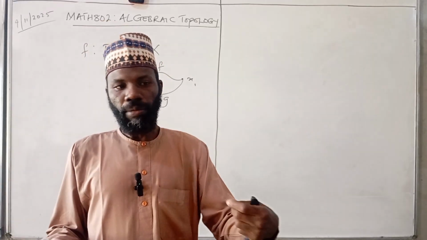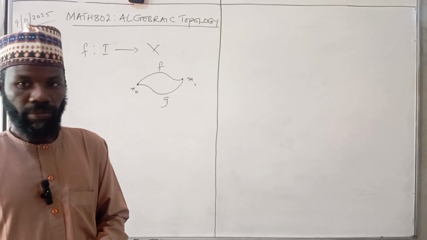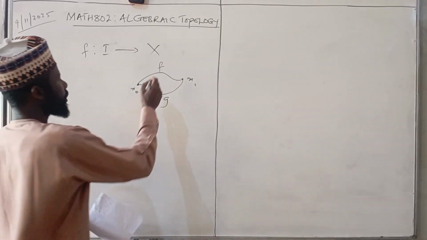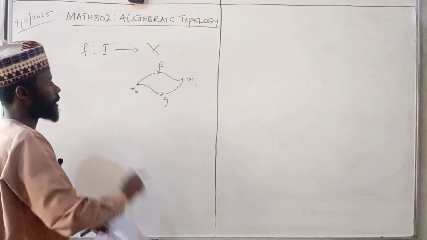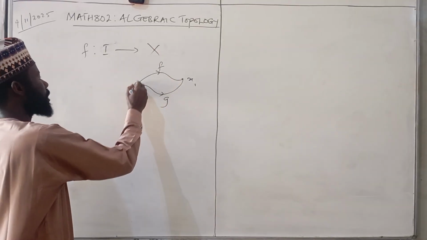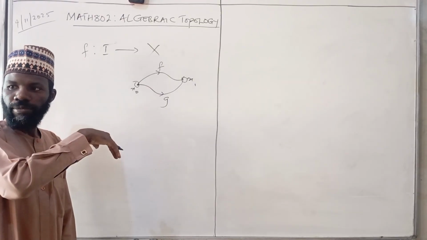The initial point of the path and the terminal point of the path must be the same. We normally draw arrows to show the direction so that we identify initial and terminal. Any homotopy that is relative to the endpoints is said to be a path homotopy from F to G.